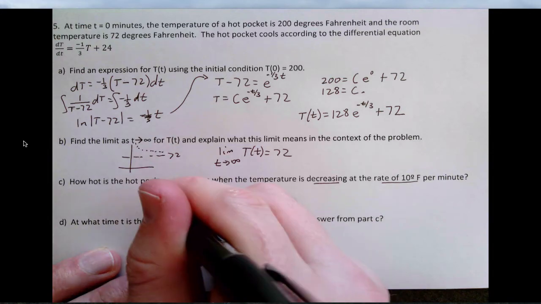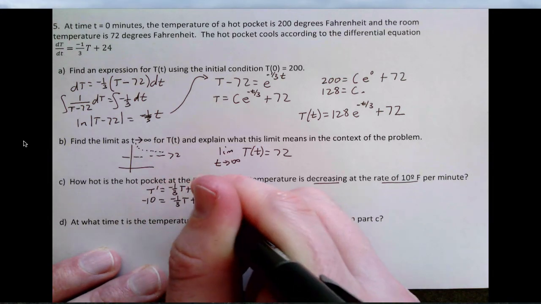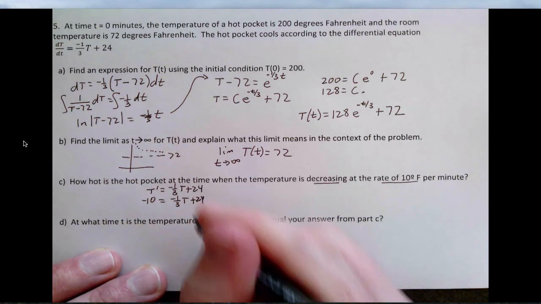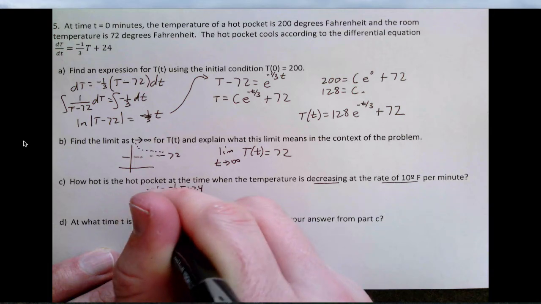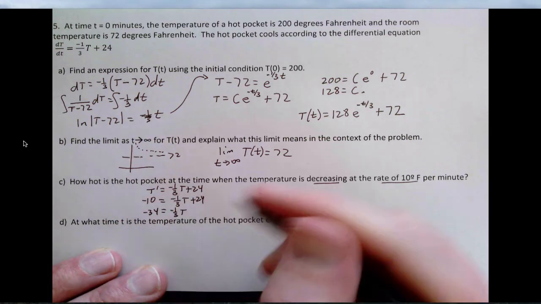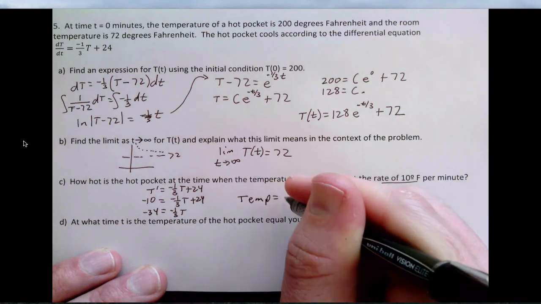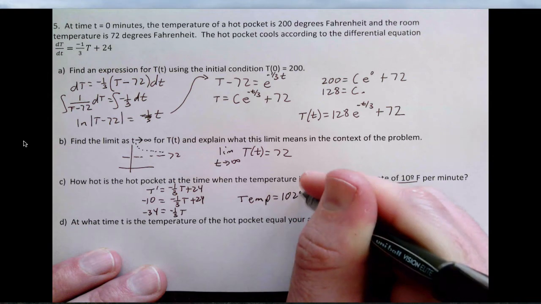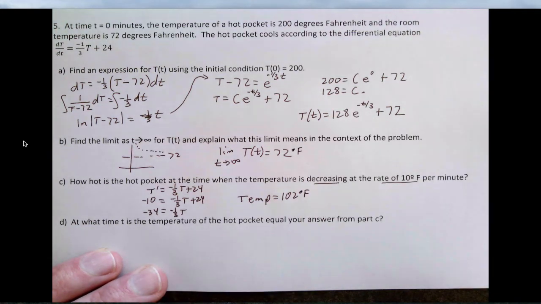So negative 10 equals negative 1/3 capital T plus 24. Solving for capital T, I'm going to subtract the 24 over to the other side. That'll give me negative 34 equals negative 1/3 capital T. Multiply both sides by negative 3, and I'm going to end up with 102 degrees Fahrenheit. Okay, this was also degrees Fahrenheit.